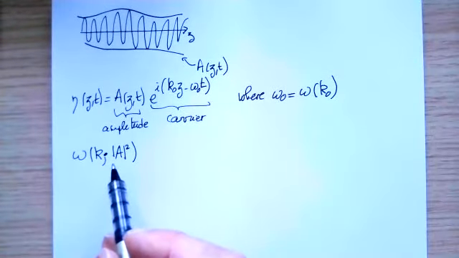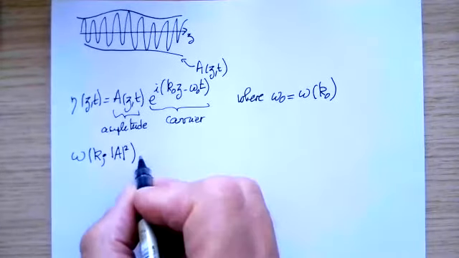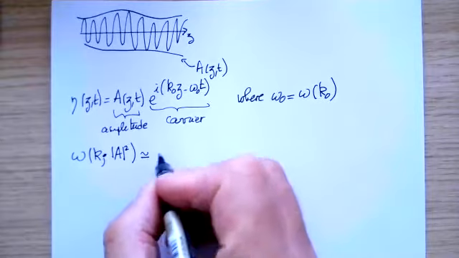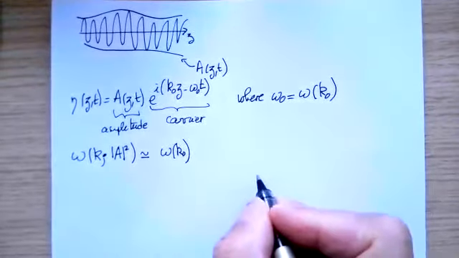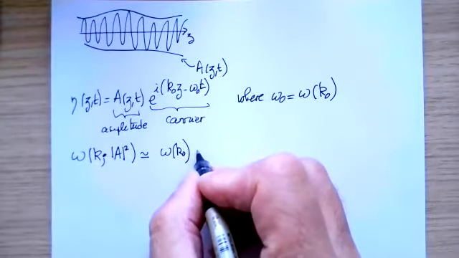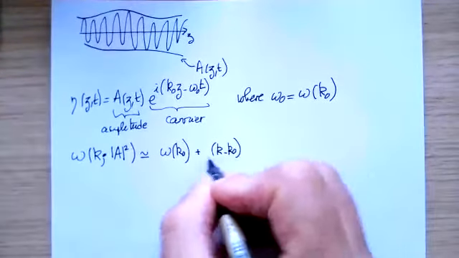I mean, waves with different amplitudes do not propagate at the same velocity in a nonlinear medium. In a linear medium, the propagation is not affected by amplitude, but in a nonlinear medium, amplitude matters. And it's written as omega of k naught plus a small modification.